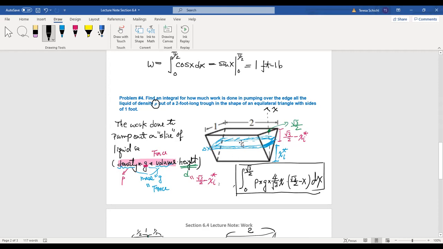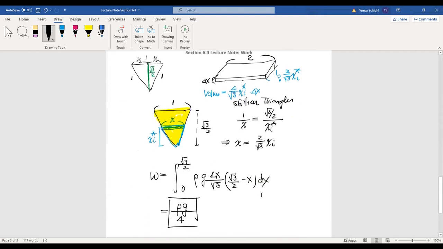So each slice when pumped out, the force will be the density of the liquid times the gravitation times the volume and times the height you need to pump it out, right? So that's how we find all the values based on that.